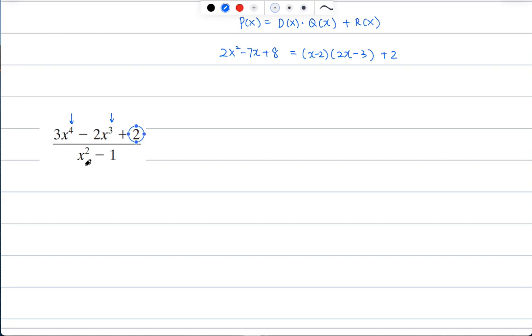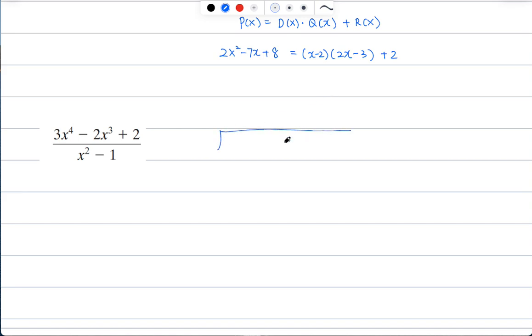And our divisor also has x squared and no x first power. In this type of situation, we need to put additional terms as placeholders.